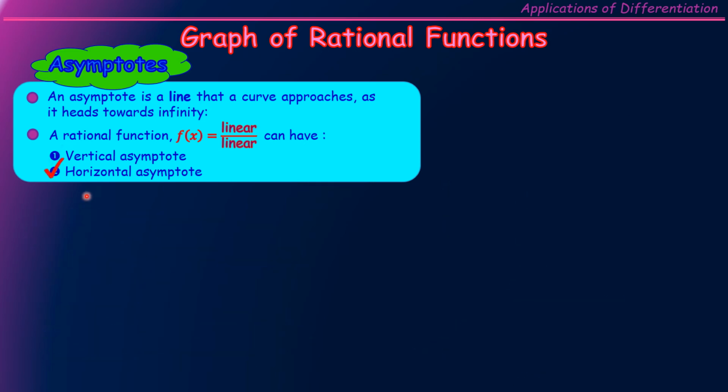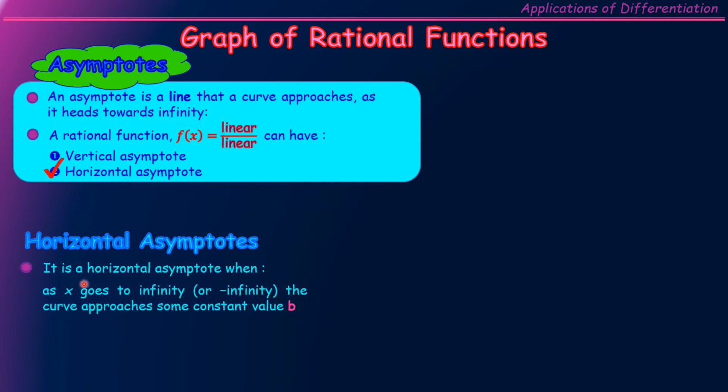Now let me look at the horizontal asymptote. It is a horizontal asymptote when, as x goes to infinity or negative infinity, the curve approaches some constant value b.